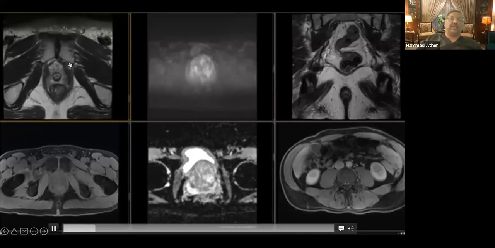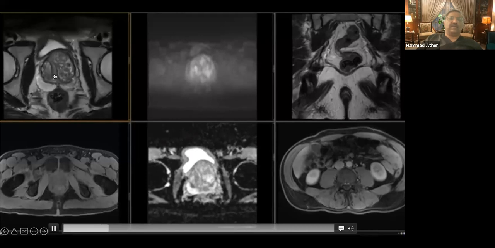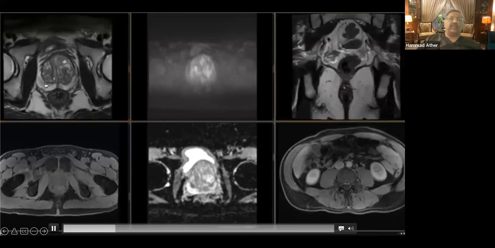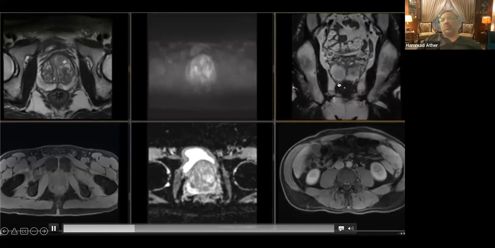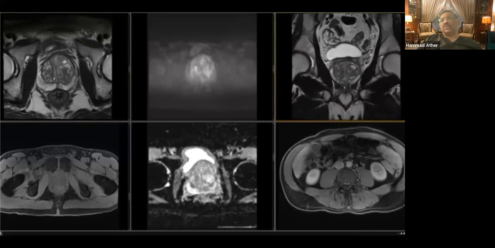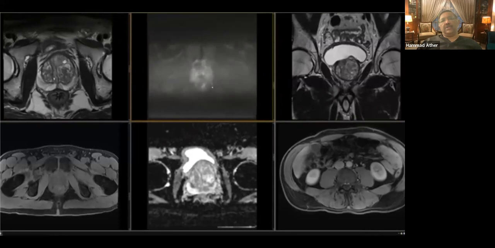You can see a large BPH zone or transition zone, seminal vesicles here, the bladder on the top, rectum here. This is your peripheral zone. And then you also have one coronal reconstructed image with T2 weighted image, the DWI, the diffusion weighted images, and the ADC map that develops with it.